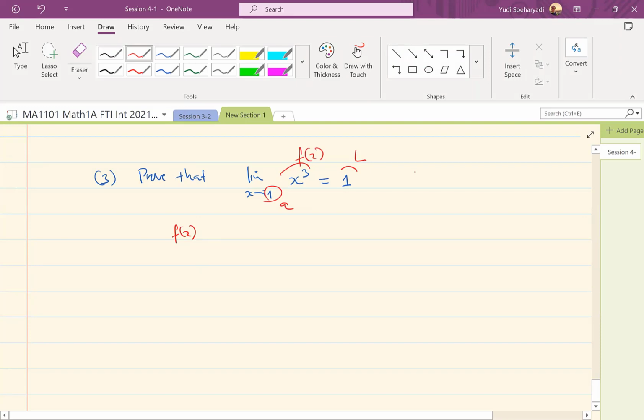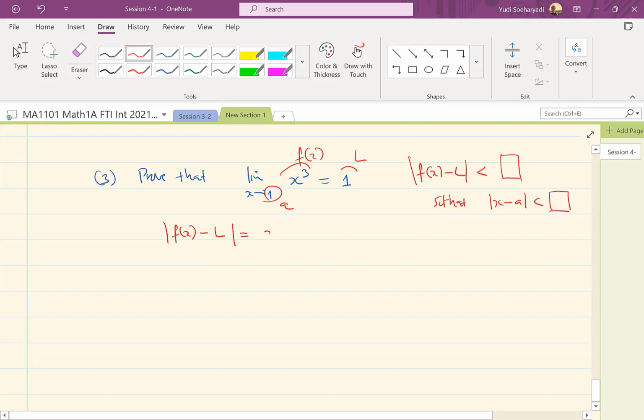Okay, so we need to find a delta, less than something, so that if absolute value of x minus a is less than delta, then f of x minus L is less than epsilon. Let's compute this.